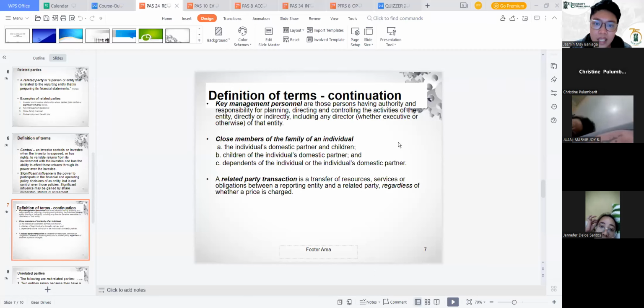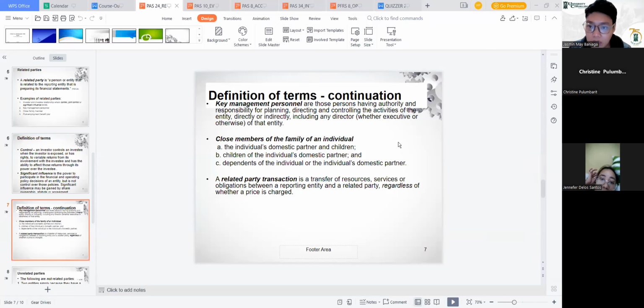Moving forward with some other definitions, key management personnel, ayan, explain ko na kanina, but I have here this slide. Key management personnel are those persons having authority and responsibility for planning, directing, and controlling the activities of the entity, directly or indirectly, including any director, whether executive or otherwise, of that entity.